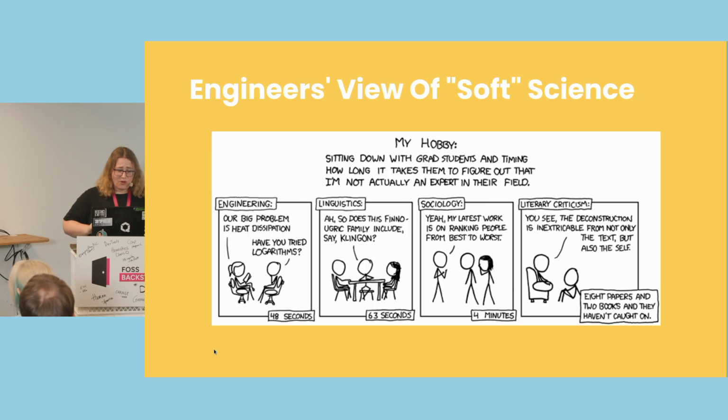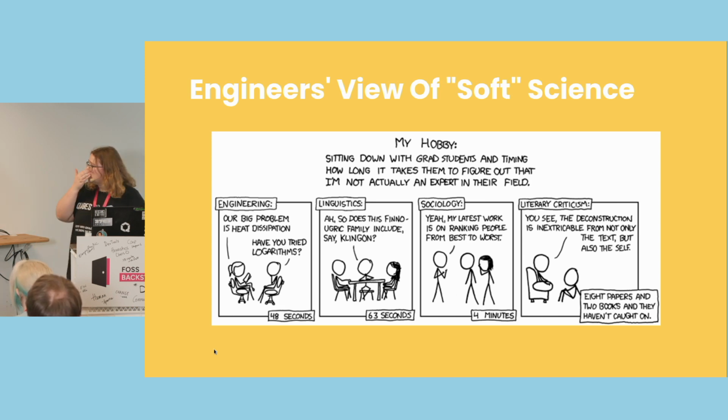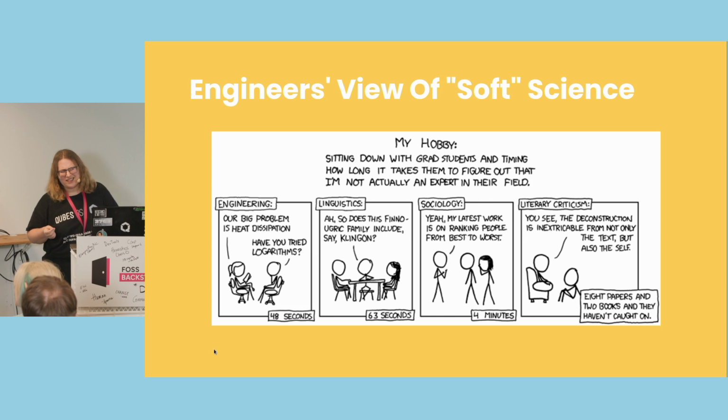Even though, of course, engineers sometimes have terrible views of soft science. I had to put an XKCD into this presentation because I am also a developer. So this is often the approach that engineers have towards softer sciences. It's not a real thing, right? Psychology, it doesn't work.